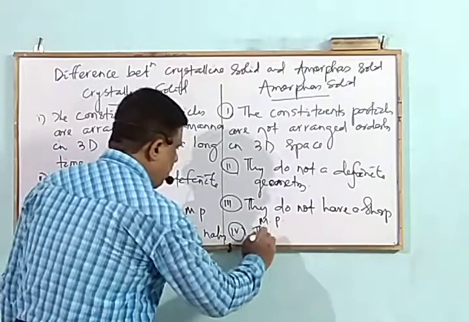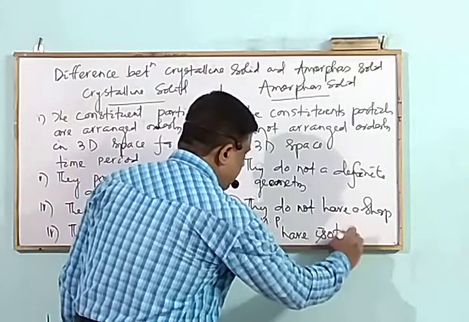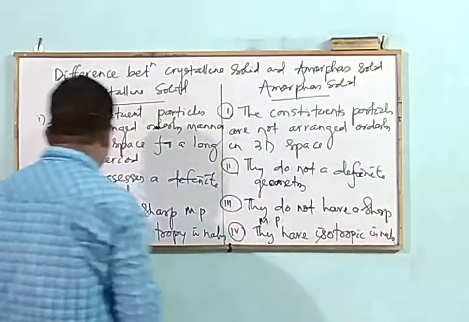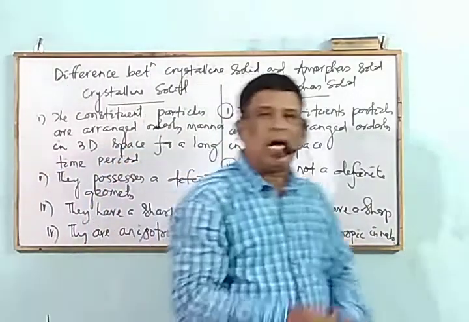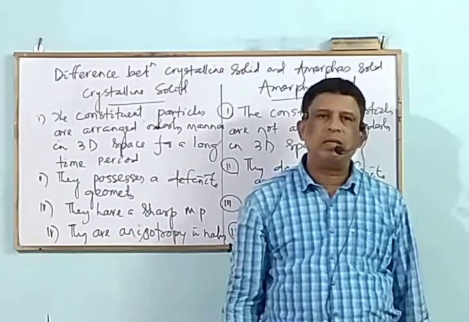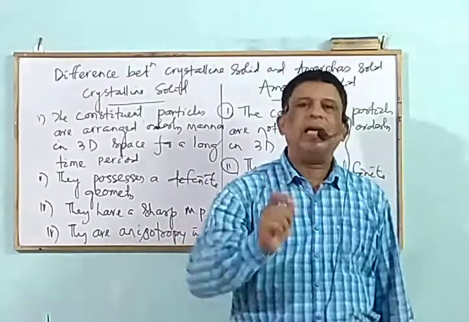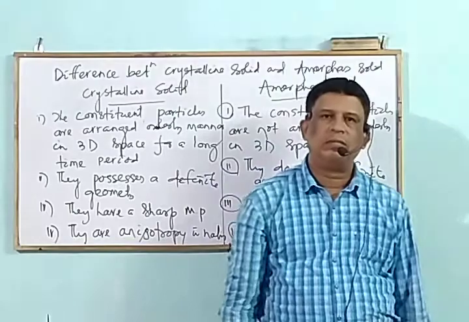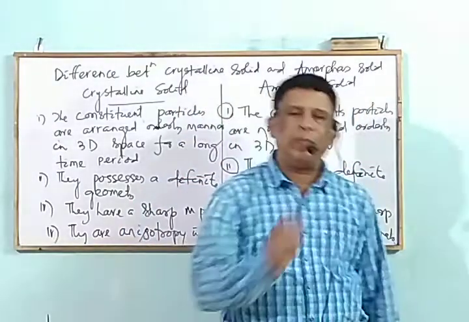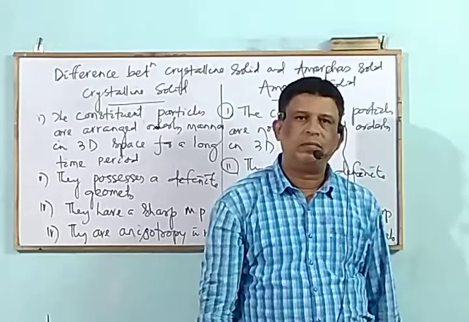They are isotropic in nature. Very, very important point is there. The crystalline solids are anisotropic in nature. What do you mean by anisotropic? That means their physical properties are different in different directions. While amorphous solids are isotropic, that means their physical properties have the same value in different directions.